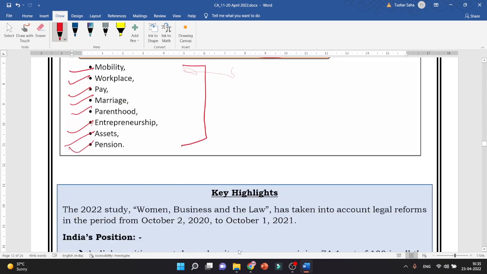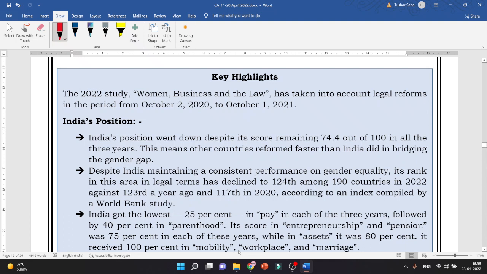It is very important to note that the overall score of India is 74.4 out of 100. This is the data from October 2, 2020 to October 1, 2021.